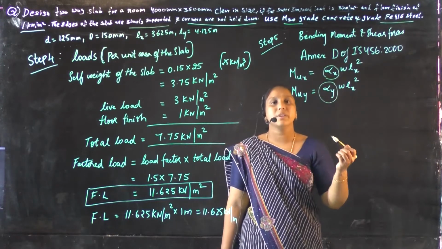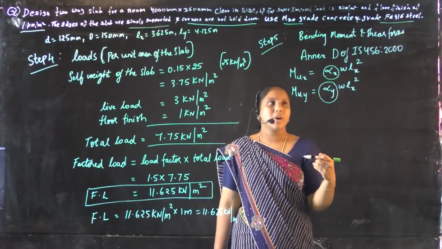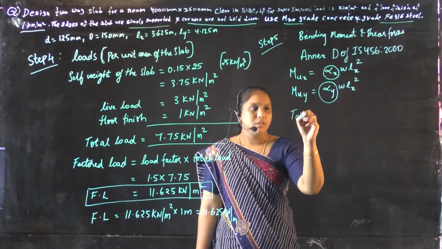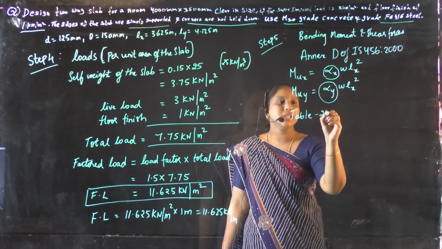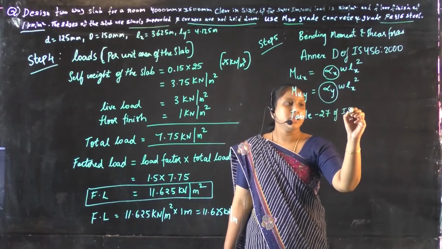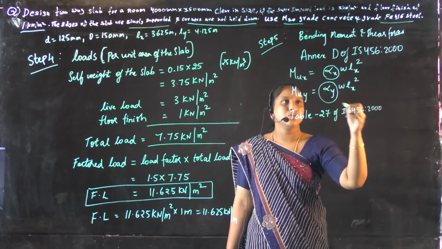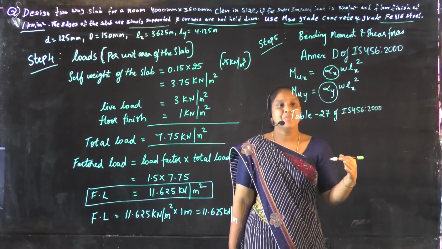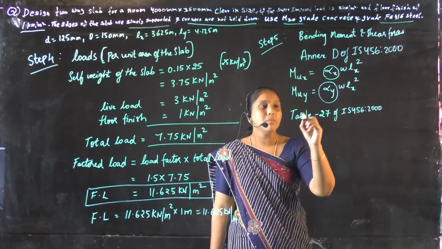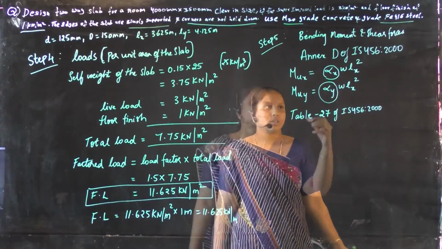So from where can you get these two bending moment coefficients? They are taken from Table 27 of IS 456-2000. The bending moment coefficients alpha x and alpha y can be calculated from Table 27 of IS 456-2000.